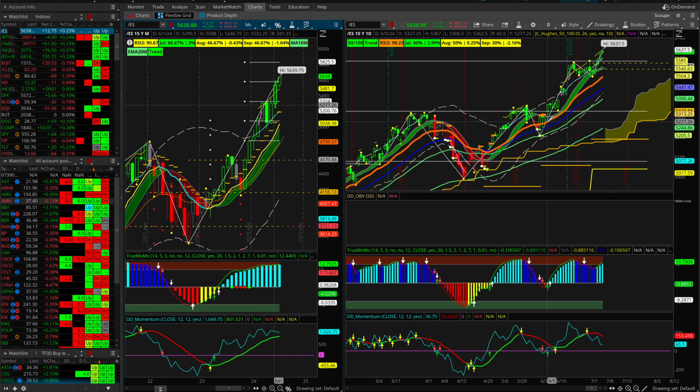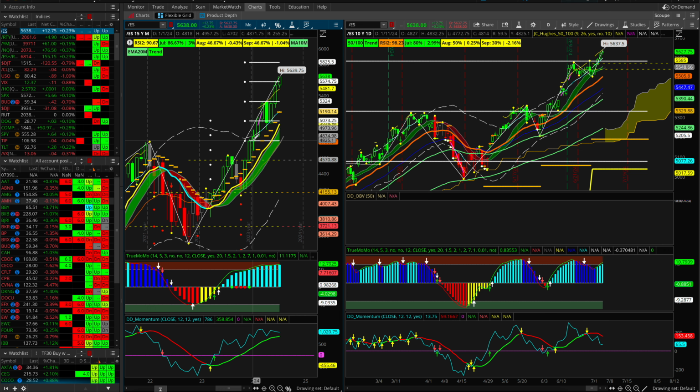So we've got above the trend ribbon, above the 21, above the 34, above the 50, and above the 100, and everything's in alignment. And we are now at 1, 2, 3, 4 of the 5 potential targets.